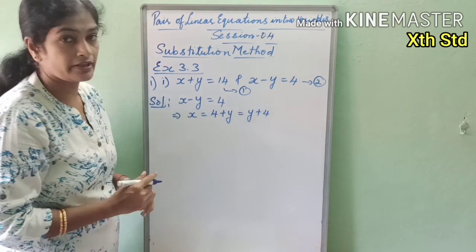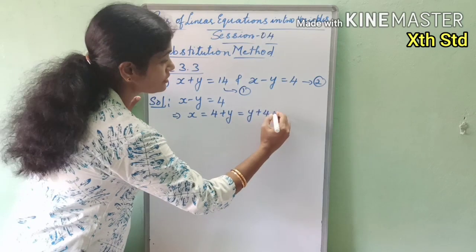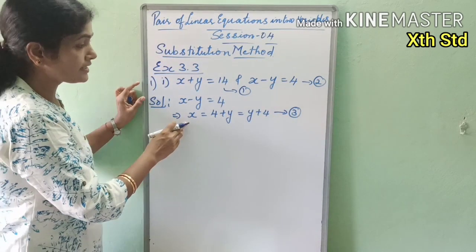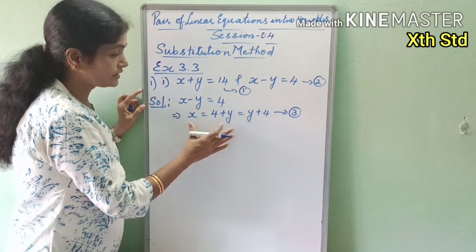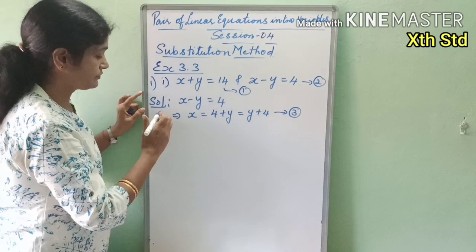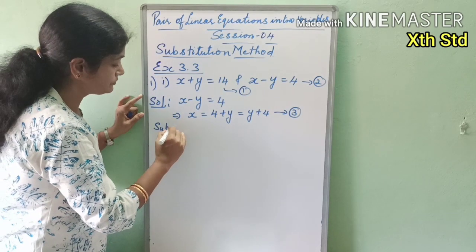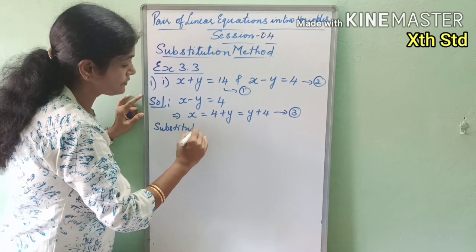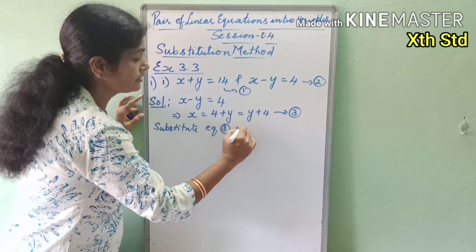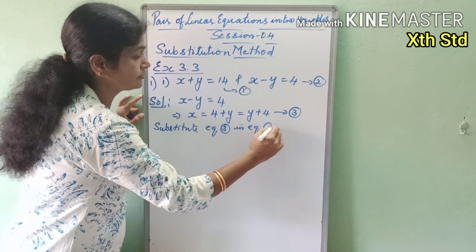I will put this as equation 3. So x is equal to y plus 4. This one you are going to substitute in equation 1. Substitute equation 3 in equation 1.